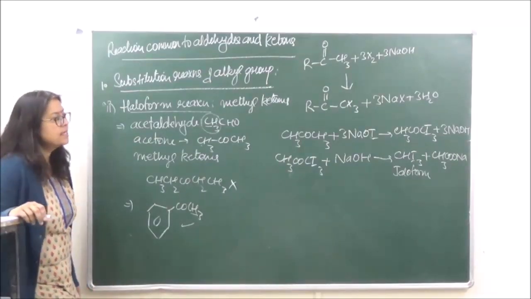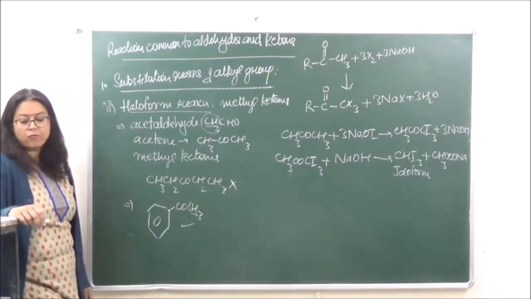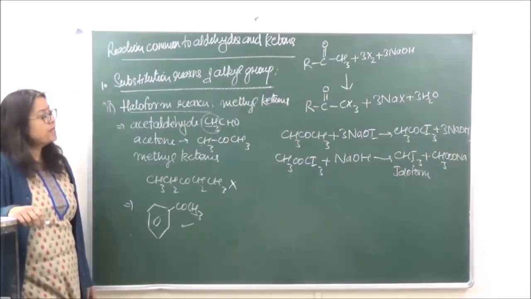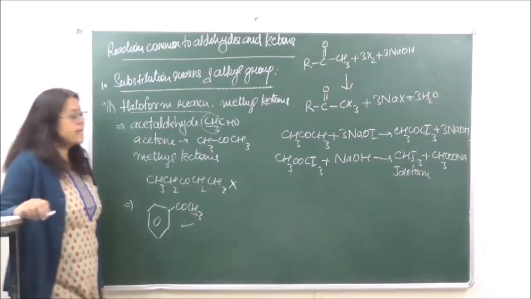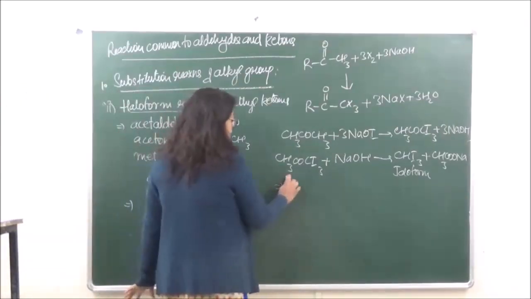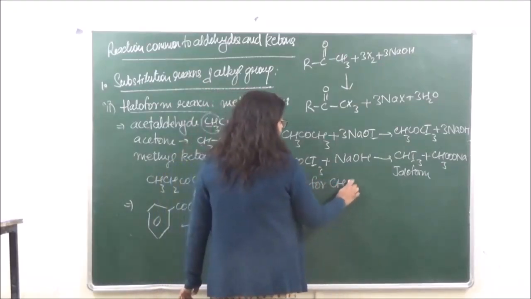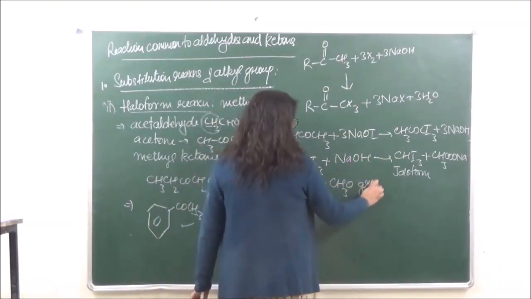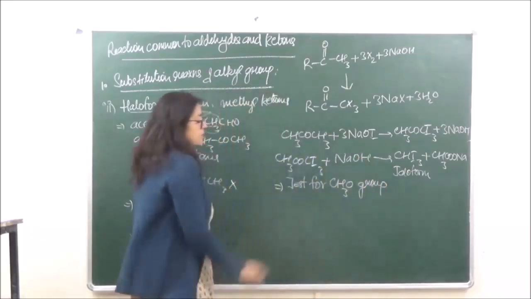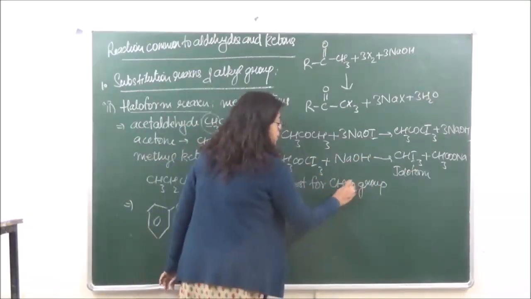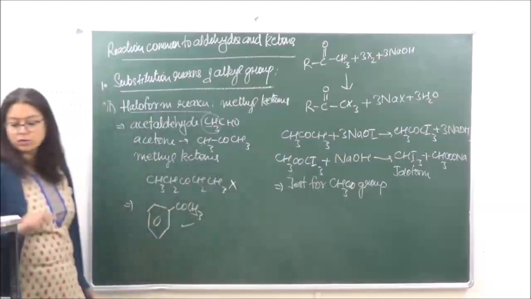So this is the test. The yellow color of this iodoform is going to be a test for the CH3CO group, methyl ketone.